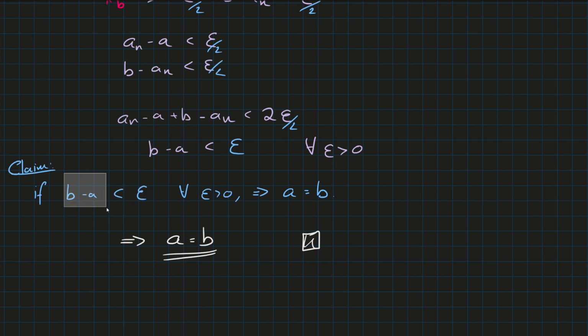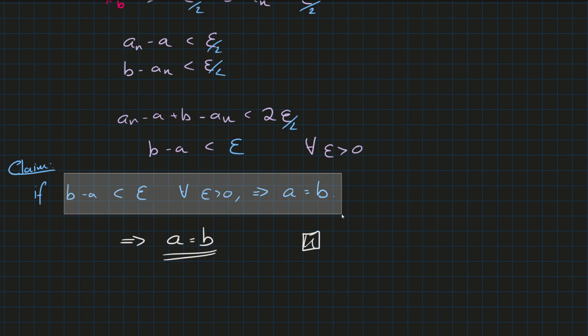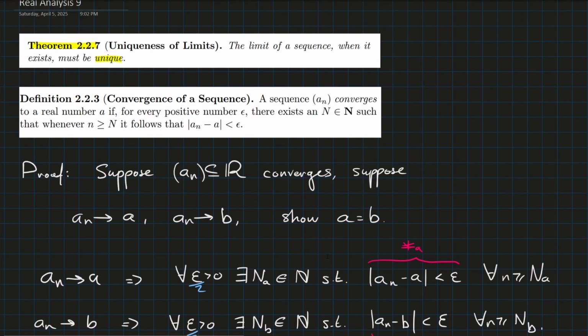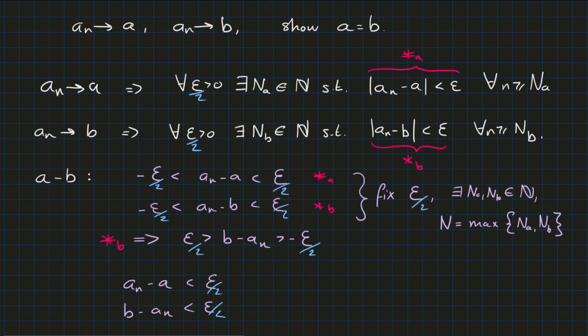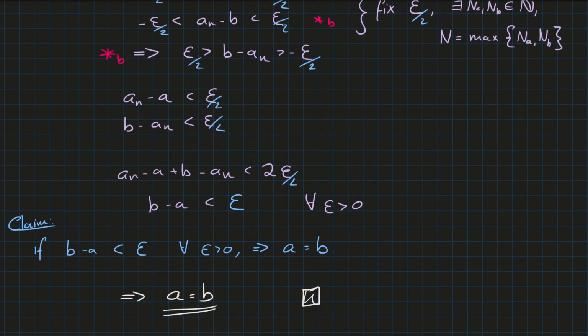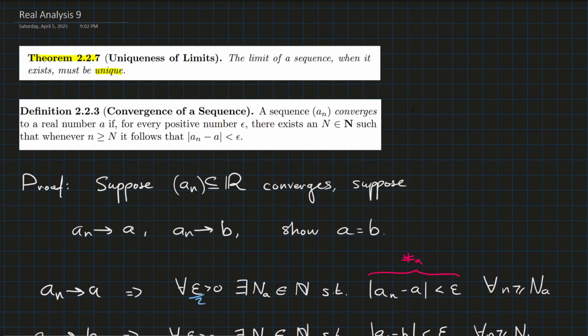If this is some non-zero, positive number, then there's some epsilon we can choose that makes them bigger or smaller, so we'd get a contradiction. Anyways, the main proof is this: we can combine the facts we have about the two sequences in a smart way, so that when we add these two inequalities together, we get the result that we want. Okay, that's all.